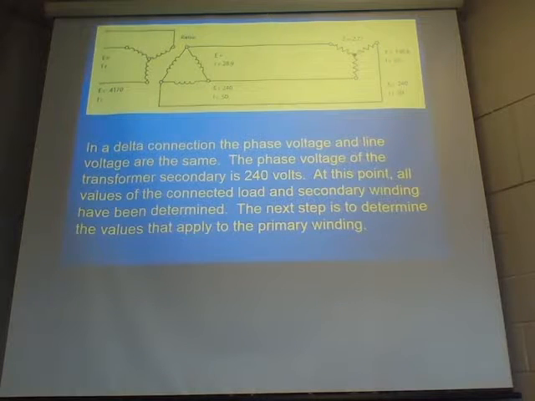In a delta connection, the phase voltage and line voltage are the same. The phase voltage of the transformer secondary is 240 volts. At this point, all values of the connected load and secondary winding have been determined. The next step is to determine the values that apply to the primary winding. So 240 volts line voltage, 240 volts phase voltage because it's delta there.